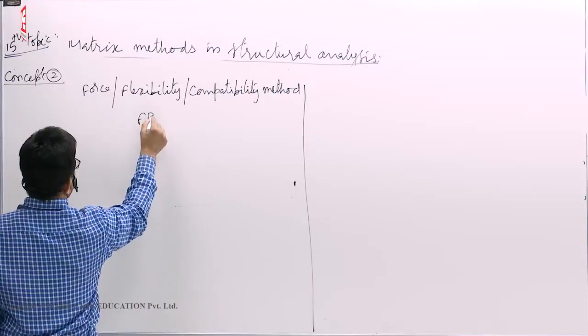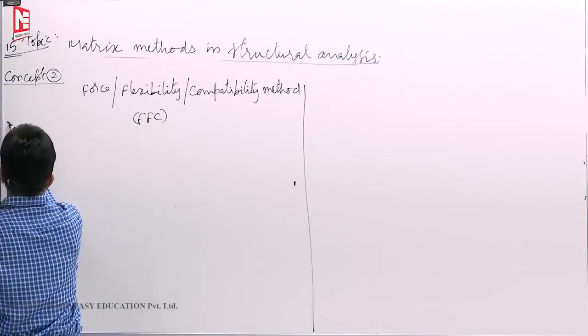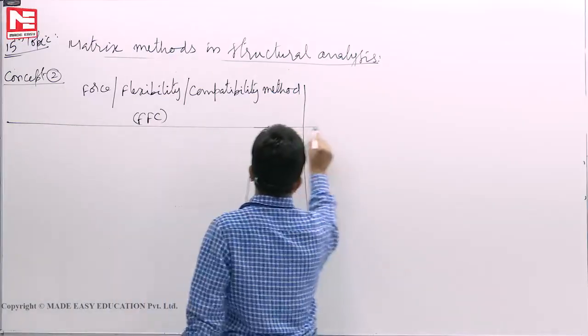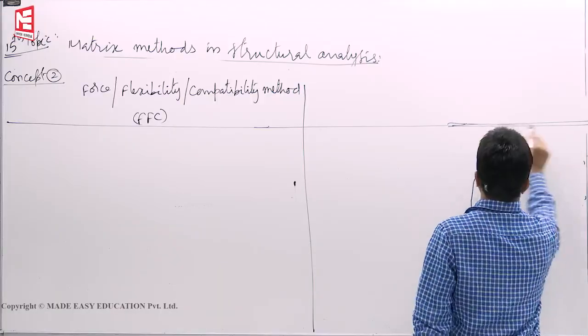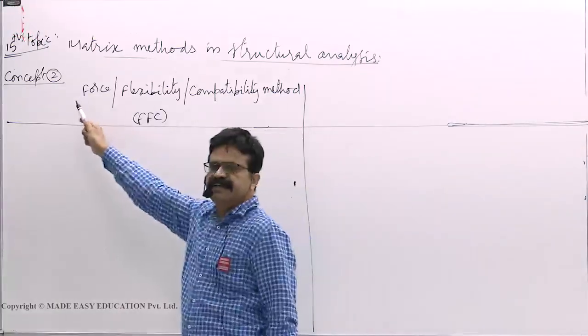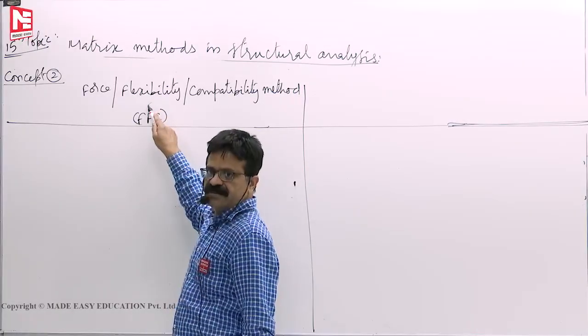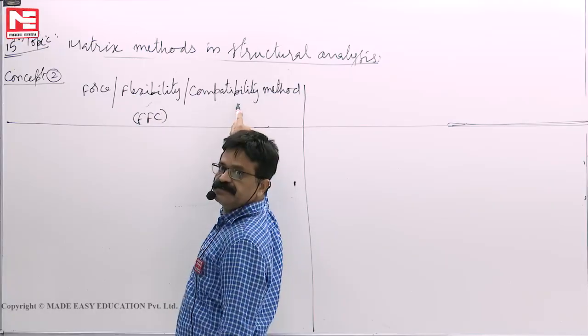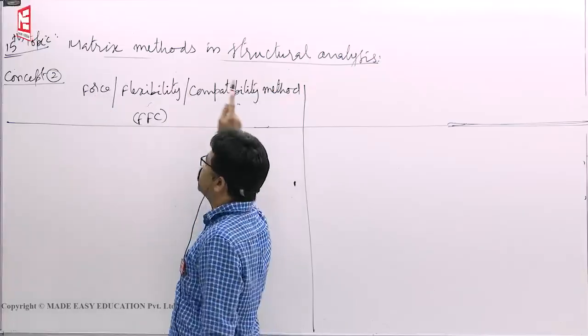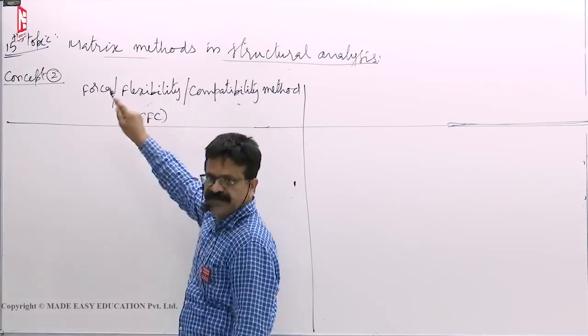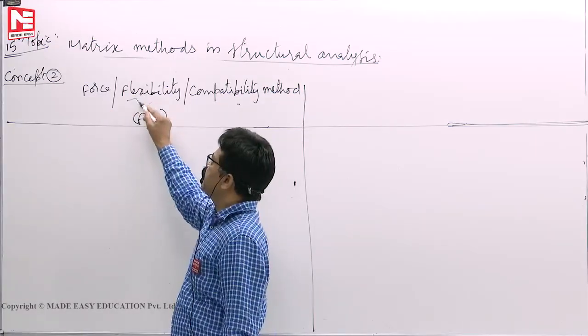We call it as FFC, force, flexibility, compatibility. All are same. Only thing is more general term, linear elastic structures, general term. Means linear, non-linear elastic structures put together, force method, compatibility method. If at all it is applied to linear elastic, we call it as flexibility.